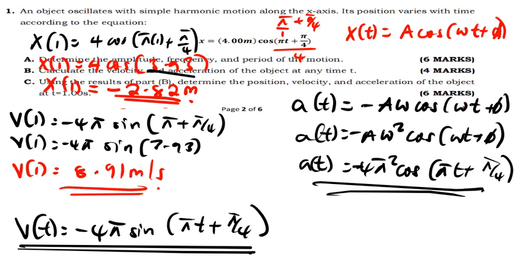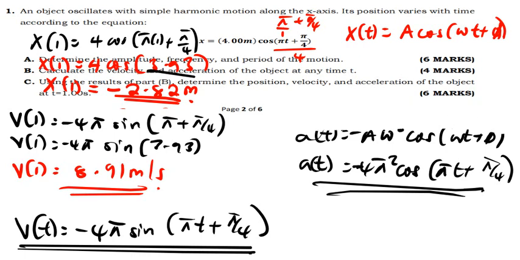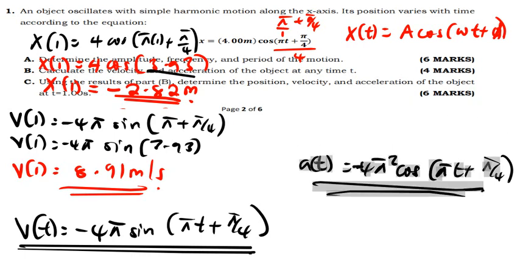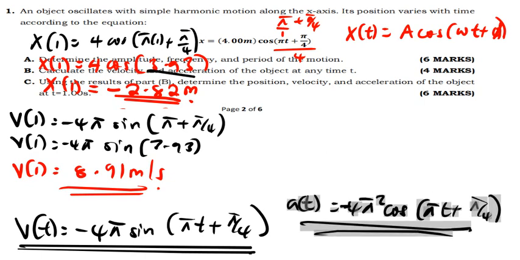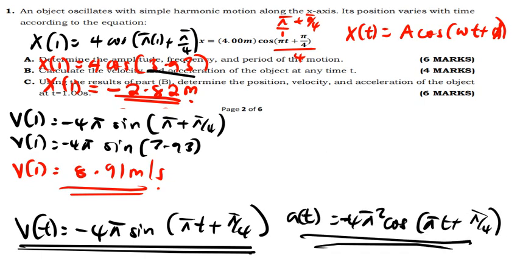Now I can go ahead and also find the acceleration. You can pause the video, try to solve, and compare with the answer that I'm going to find. We can clearly see that acceleration as a function of 1 is negative 4 pi squared cos, and this is the same thing, putting 1, we end up with 3.93.